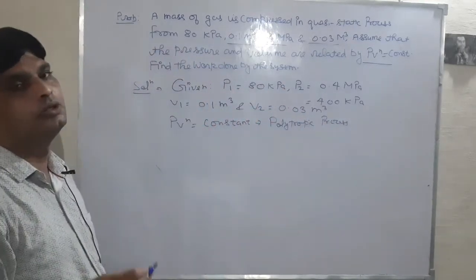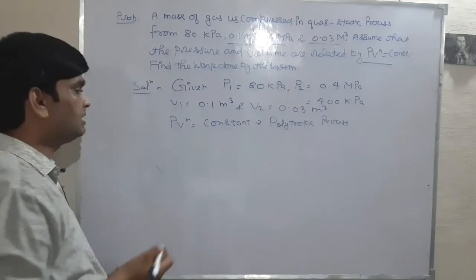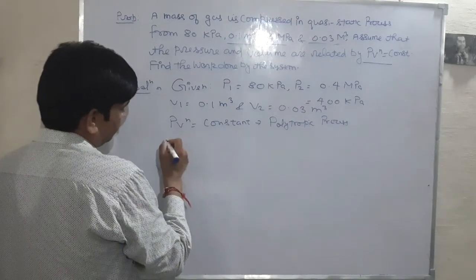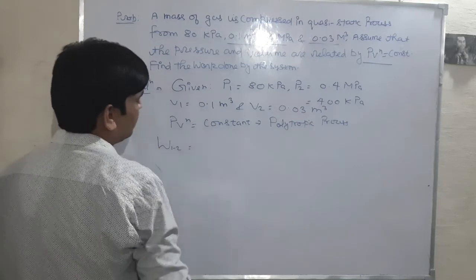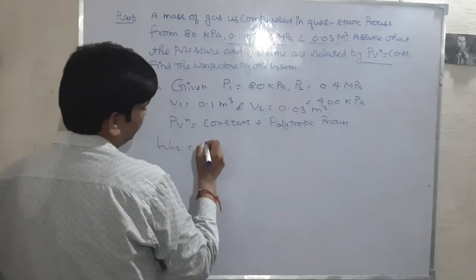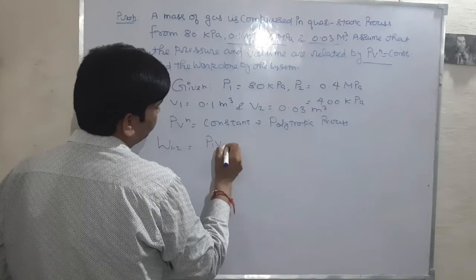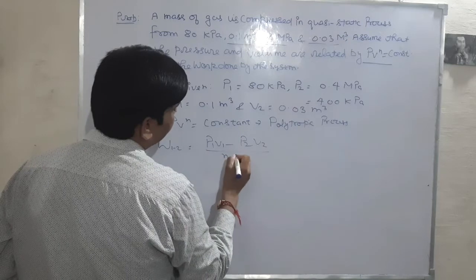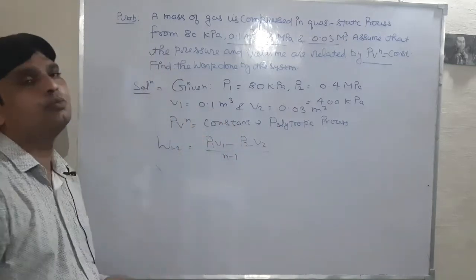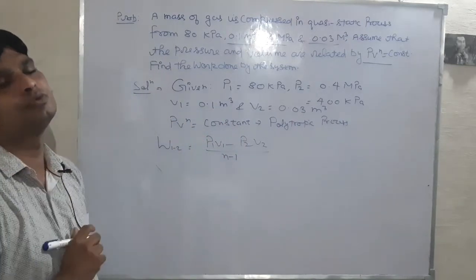Now the work done in a polytropic process is W1-2 equal to P1V1 minus P2V2 divided by n minus 1. This is the equation of work done in a polytropic process.